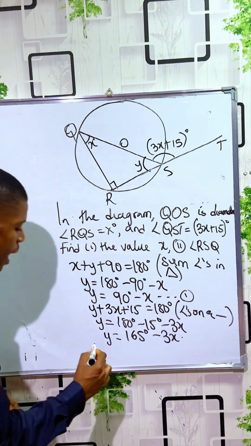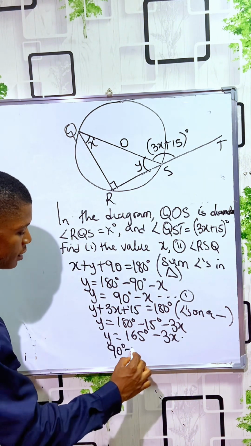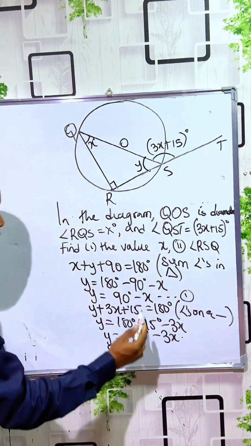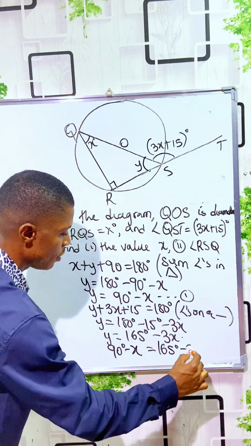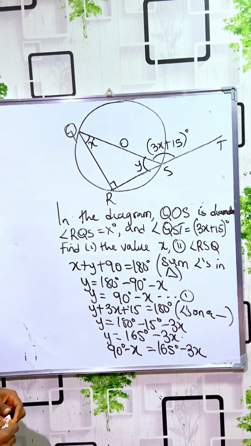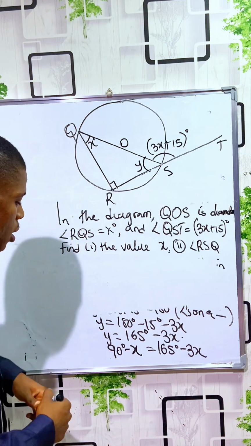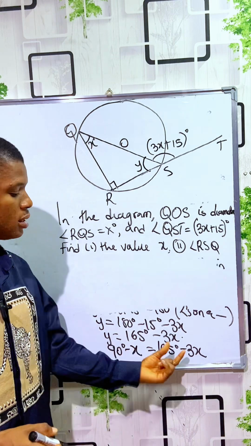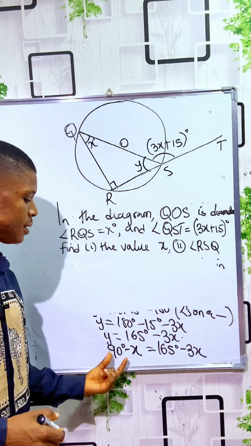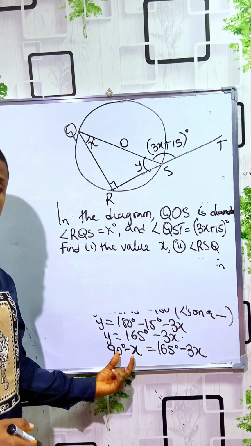So since we have this now, we can equate the two so that we can find x. 90 degrees minus x is equal to 165 degrees minus 3x. Do you see that now? It's very easy. So let's collect like terms. First, we are going to minus 90 degrees from both sides, and add 3x to both sides.